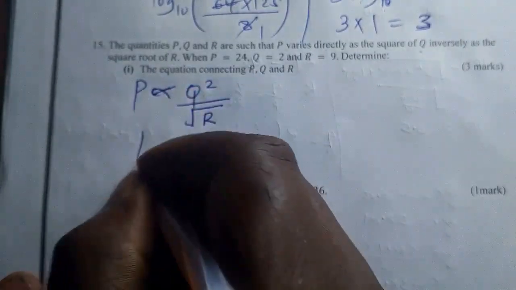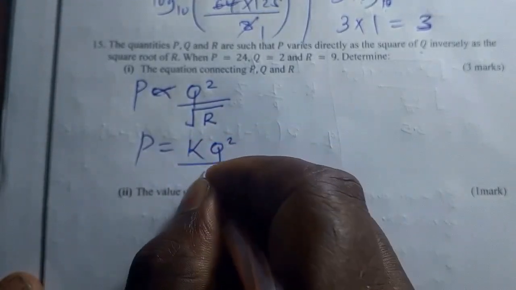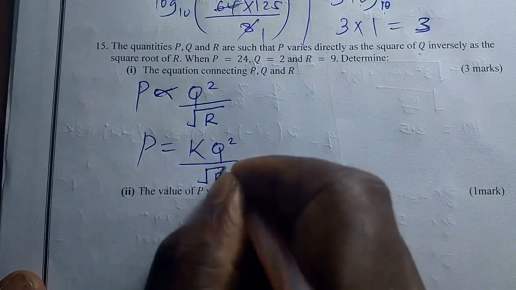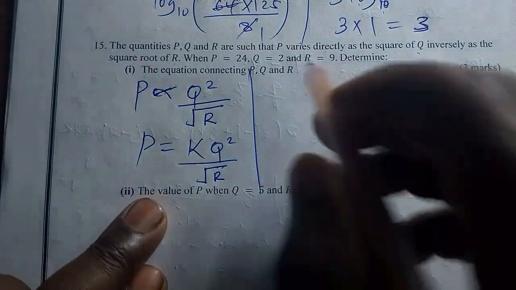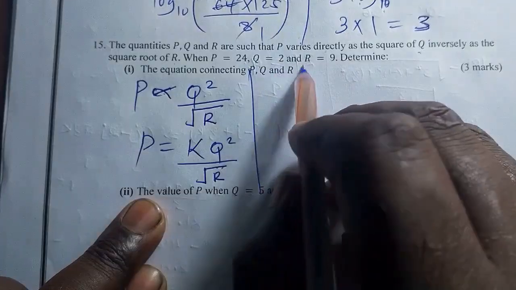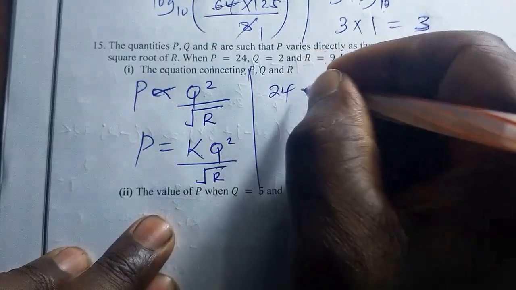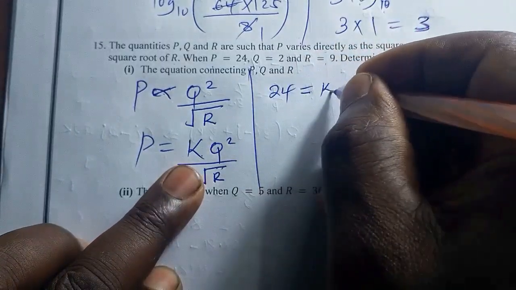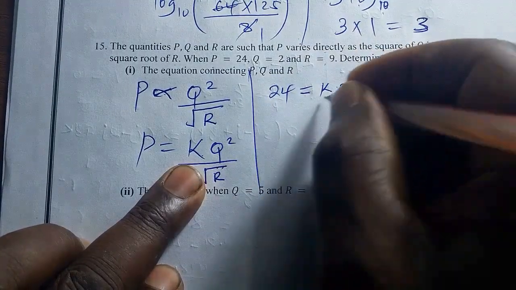P is equal to K Q squared over the square root of R. So when P is 24, Q is 2, R is this. Now we can get the value of K. 24 is equal to K, Q is 2, that is 2 squared over the square root of 9.